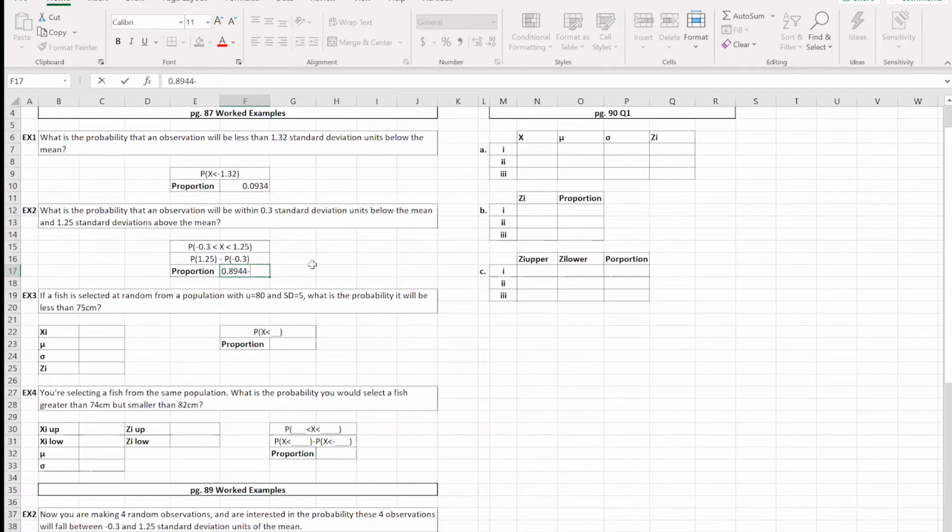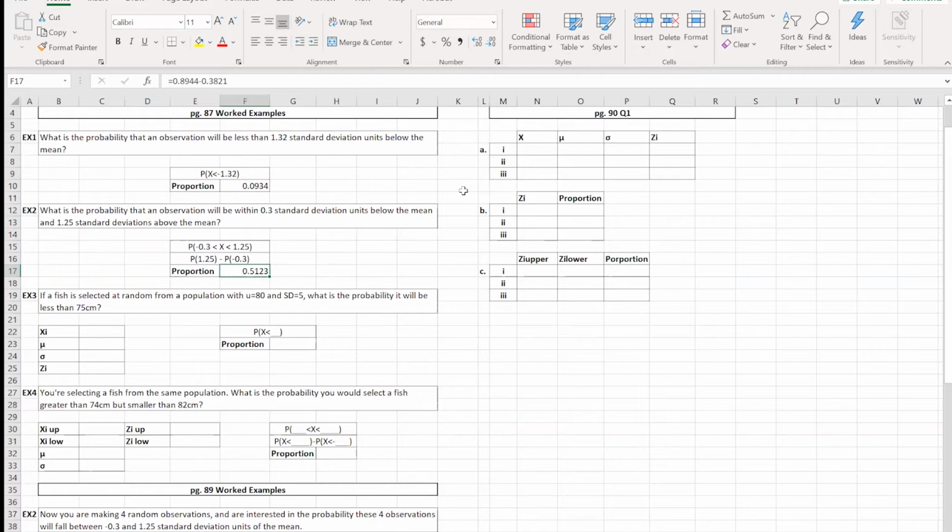Oh, actually, never mind. It's just negative 0.3 with negative 0.300. So 0.3821. An equal sign before that. And that's our probability. That's the probability between these two.